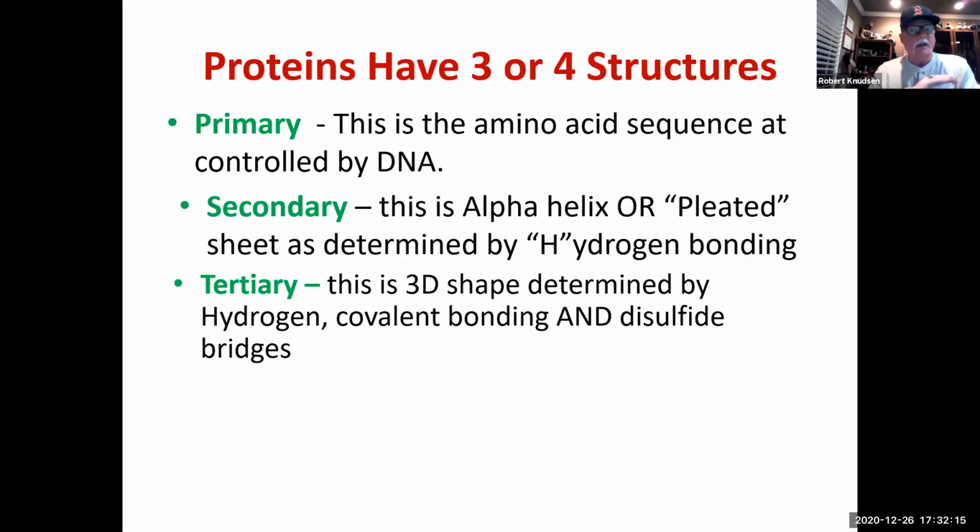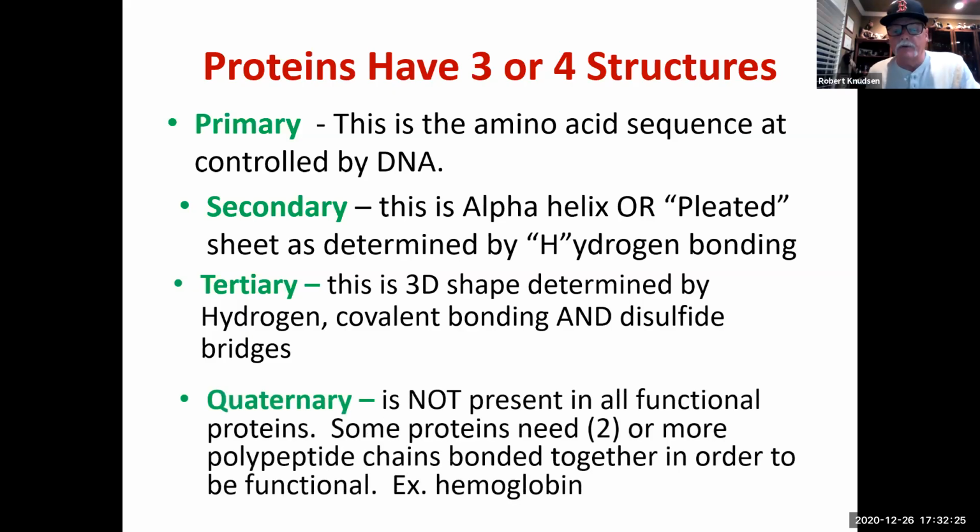Now, quaternary. Not all proteins have quaternary. Quaternary, by definition, means you have two or more chains. Quaternary is not present in all functional proteins. Some proteins need two or more polypeptide chains bonded together in order to be functional. Example, hemoglobin. This is one. Just pretend like it's different.